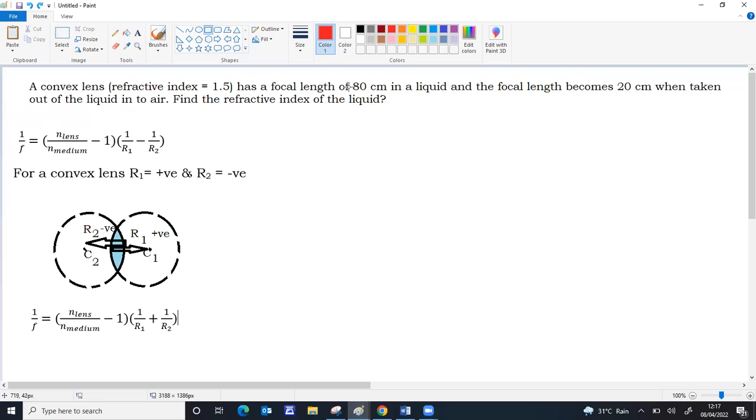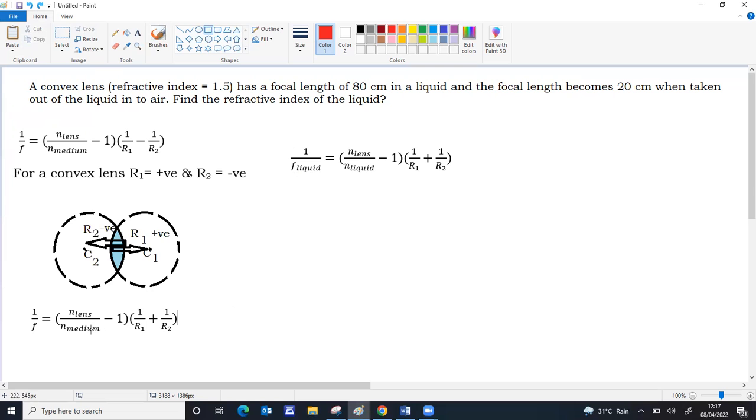First case, 80 centimeter, when the lens is placed inside a liquid. So the lens is given 1.5, then focal length is given 80 centimeters. The medium is what they are asking, the liquid. For a lens once constructed, the radius of curvature remains the same.